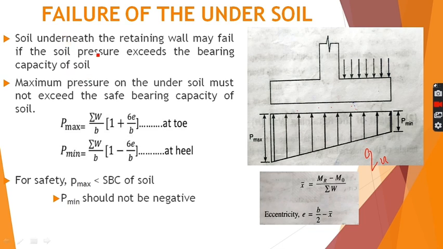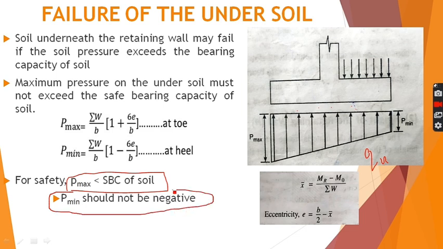So soil underneath the retaining wall may fail if the soil pressure exceeds the bearing capacity of soil. So this is the soil pressure diagram acting below the retaining wall. P maximum should be less than the safe bearing capacity of soil, and P minimum should not be negative.